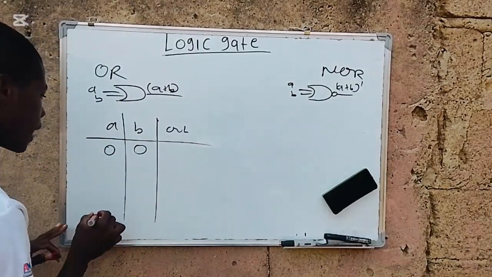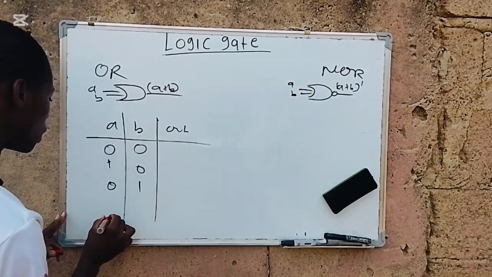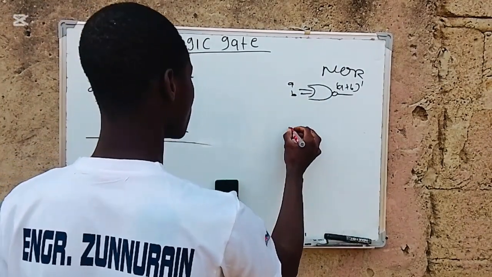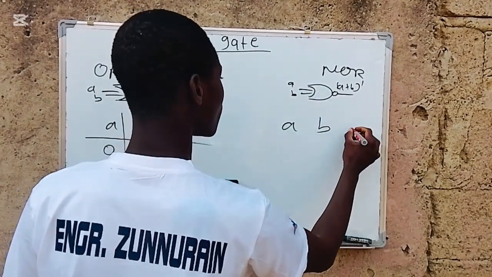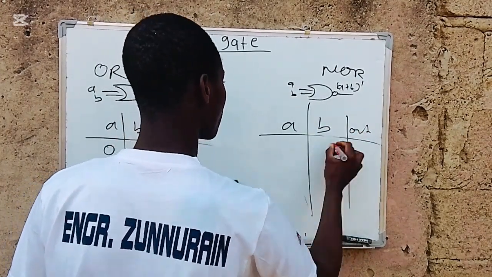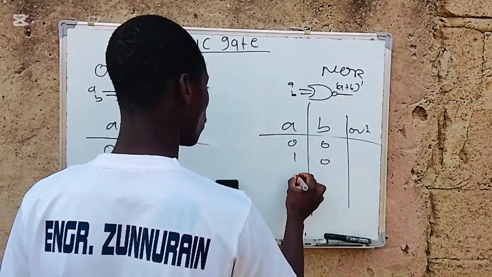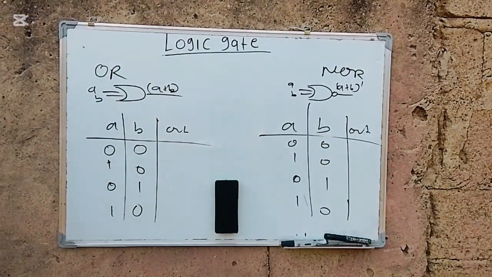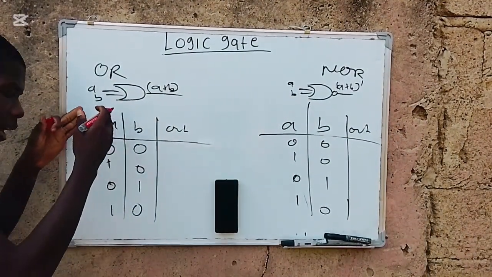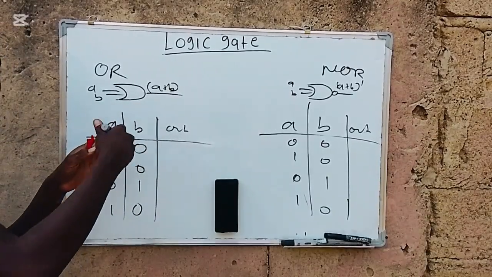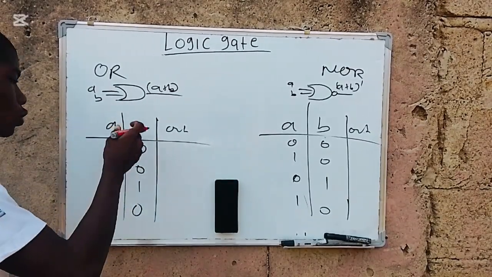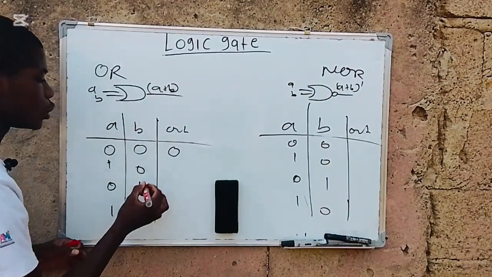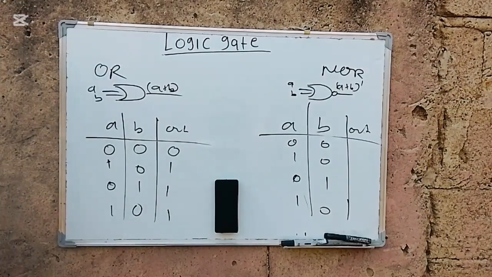We have 0,0; 1,0; 0,1; and 1,1. And what will be the truth table of NOR, because we say it is a complement of OR? So we have 0,0; 1,0; 0,1; and 1,1. For OR, when both inputs A and B are 0, the output is 0, but the rest will be 1.